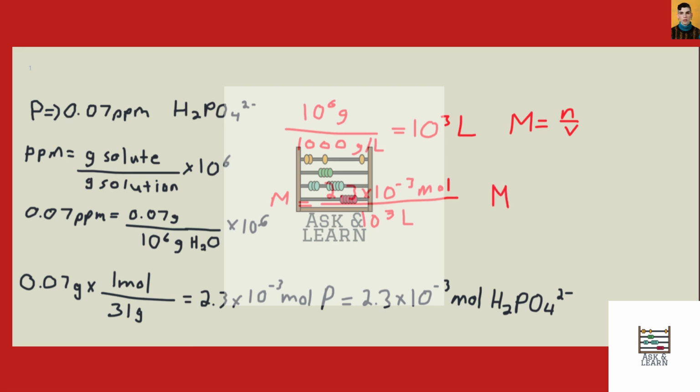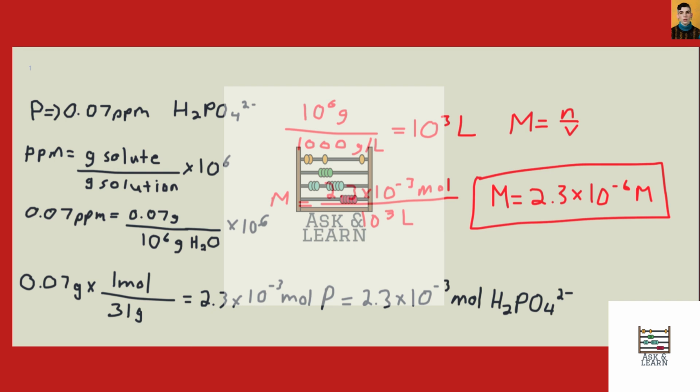So M is going to be 2.3 times 10 to the negative 6 molar.